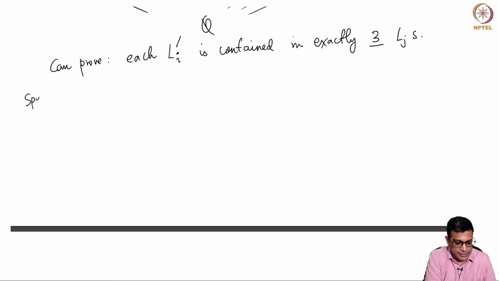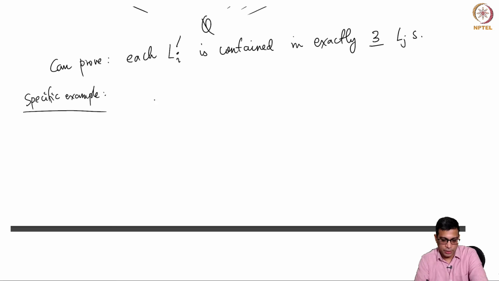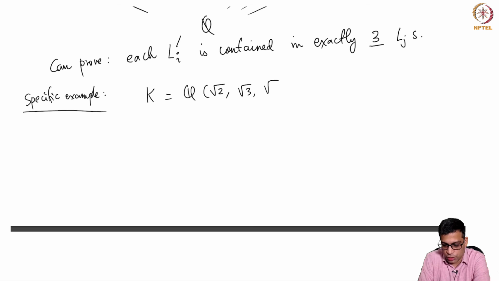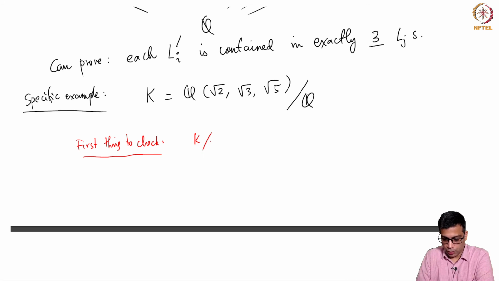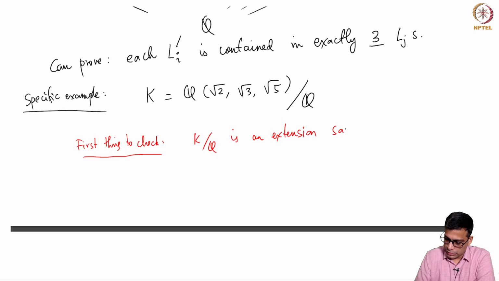Now let me end this class with a specific example of such a thing. So let us take K to be Q adjoin square root 2, square root 3, square root 5. Okay, so the first thing to check is that K over Q is an extension satisfying the hypothesis of the problem.